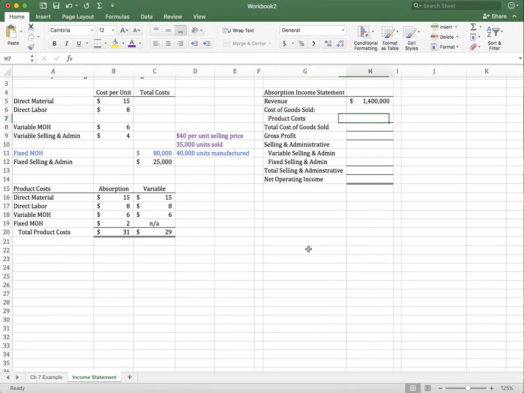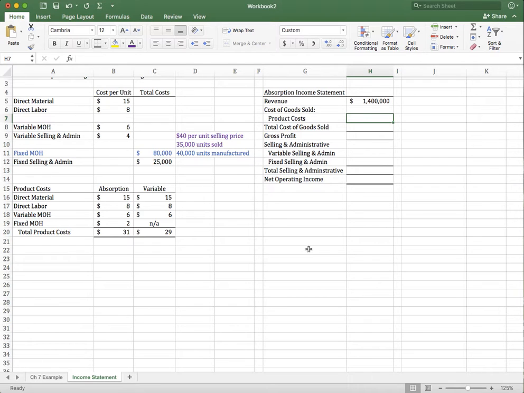Now we're going to calculate and use the product cost that we just calculated for the absorption method. So if we sold 35,000 units, then we need to also show the product cost for 35,000 units.